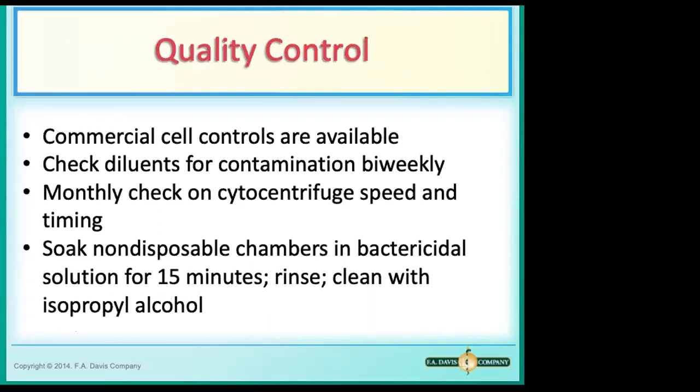Okay, so it's also very important that we use the essential quality controls for CSF counting and also for other body fluids, because we don't just count cells on CSF. We also count them in serous fluid and peritoneal fluid and things like that.